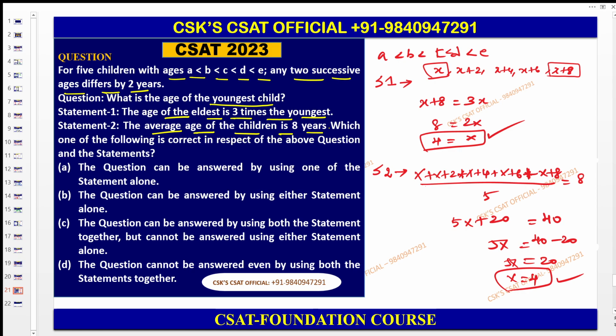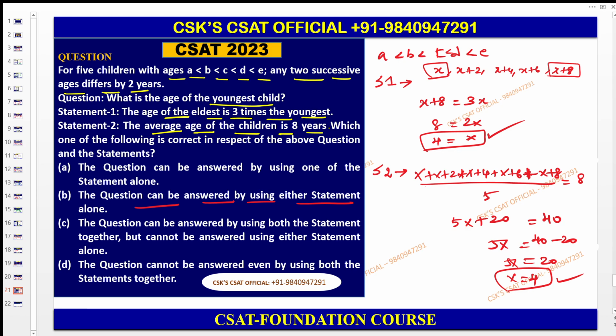Separately you can find. Statement number 1 is also sufficient. Statement number 2 is also sufficient. So either one is fine. So in such a situation, the question can be answered by using either statement alone. Both statements are not required.